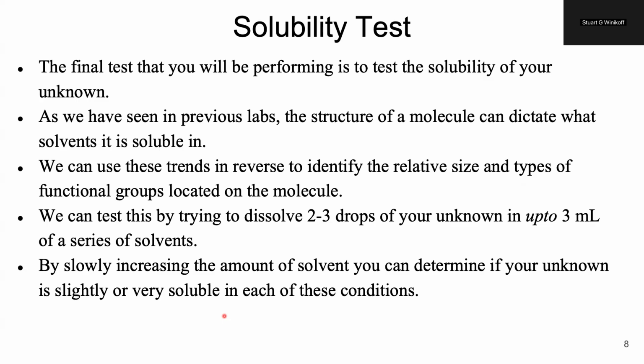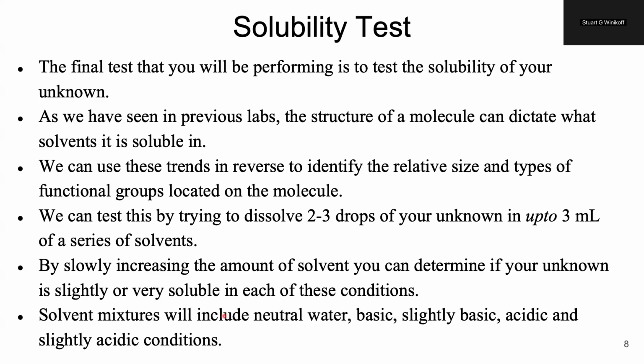If it poorly dissolves, it's likely only slightly soluble if it takes that full 3 milliliters. Now, we're going to test a variety of different mixtures, including neutral water, basic aqueous conditions, slightly basic aqueous conditions, acidic aqueous conditions, and slightly acidic. So this will help us identify our functional groups.